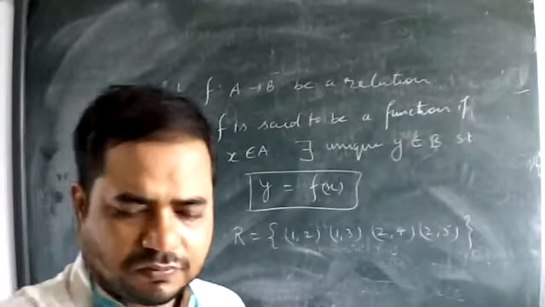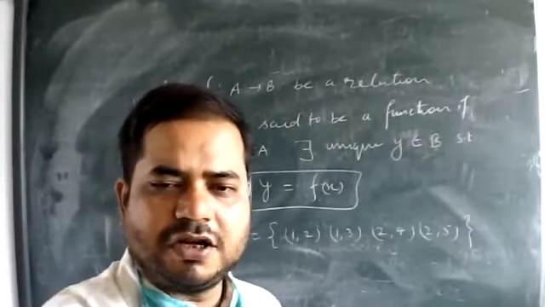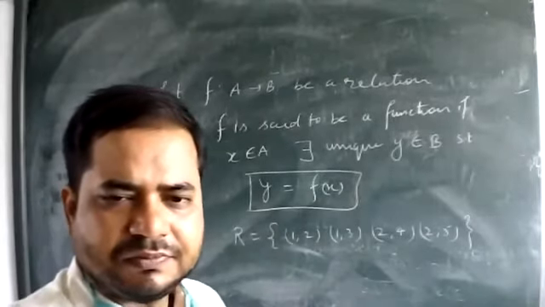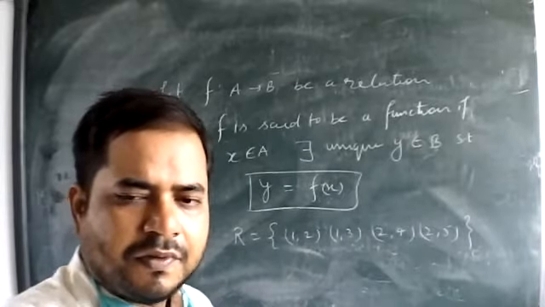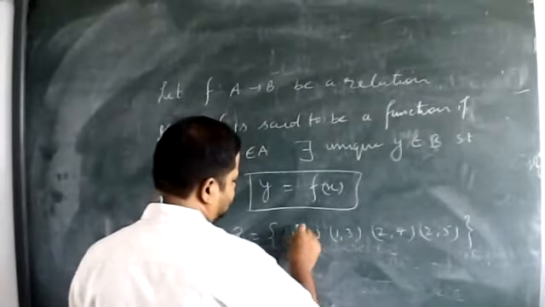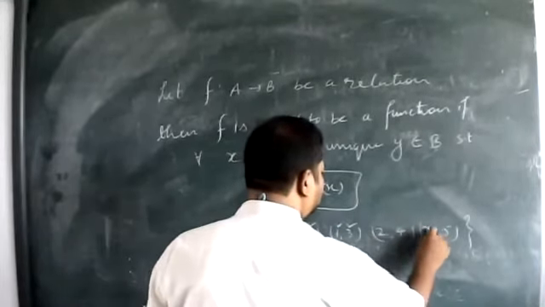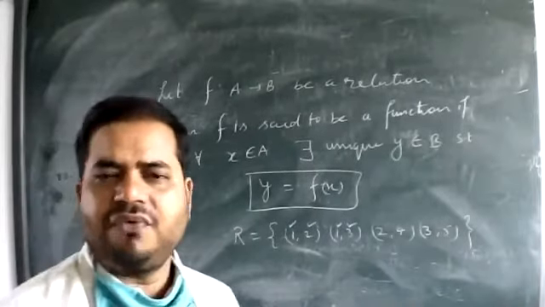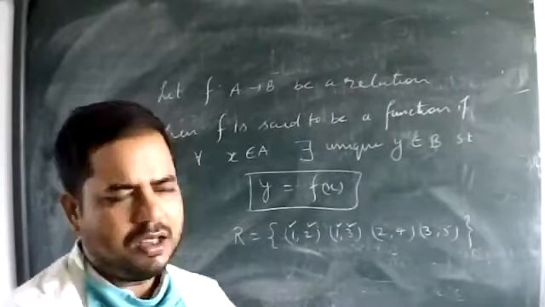Because there are two elements, 1 and 2, such that 1 is repeated, that means 1 के दो इमेज मिल रहे हैं. 1 has 2 images, and that's why this is not a function. If every element has a unique image, then only the relation is said to be a function.